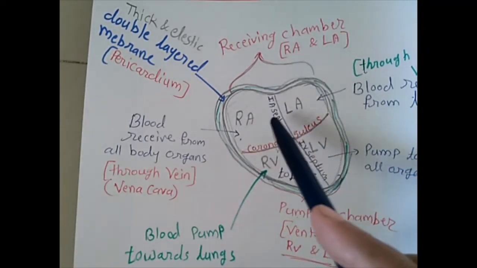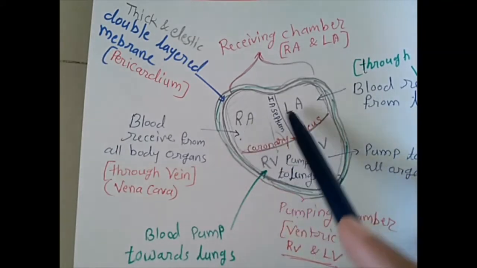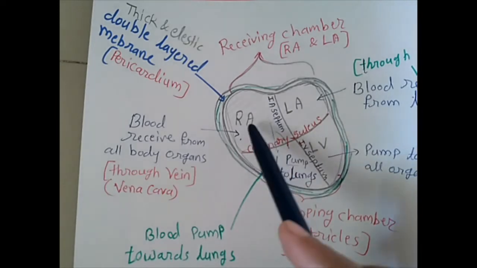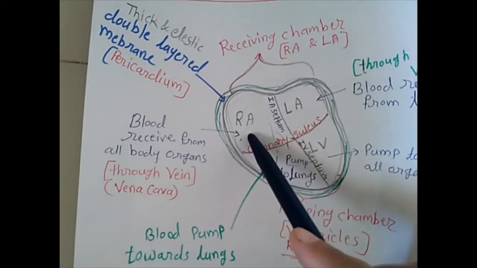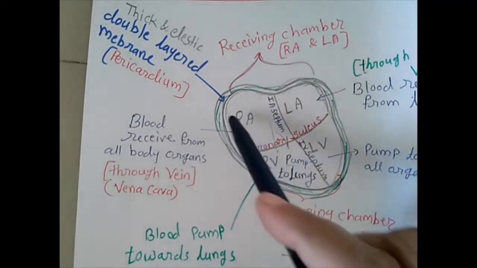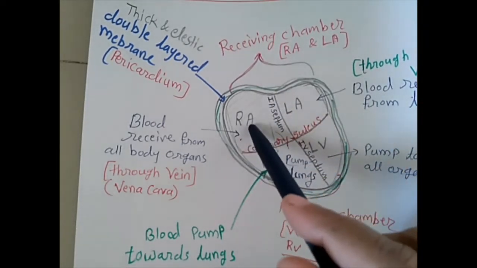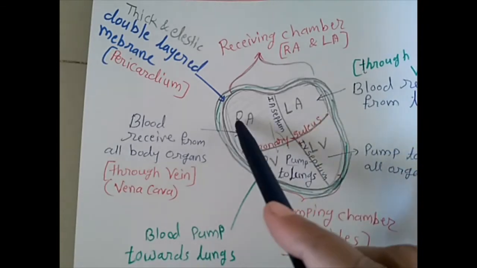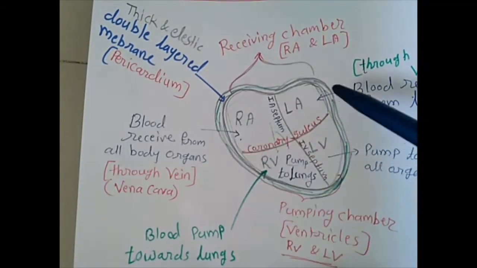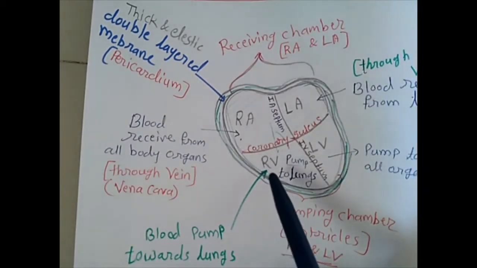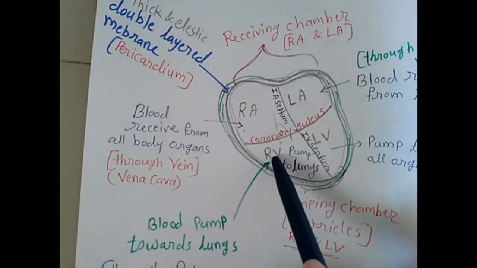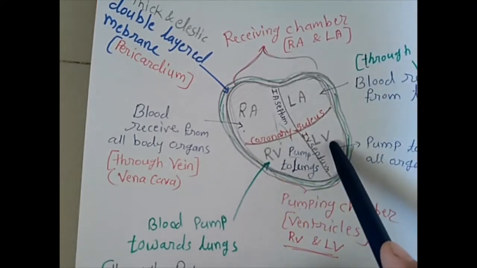Again the auricle is divided into two parts because our circulatory system is a double circulatory system, for deoxygenated blood and for oxygenated blood. So the auricles are divided into two parts, that is right auricle and left auricle. Then the ventricle is again divided into two parts, that is right ventricle and left ventricle.